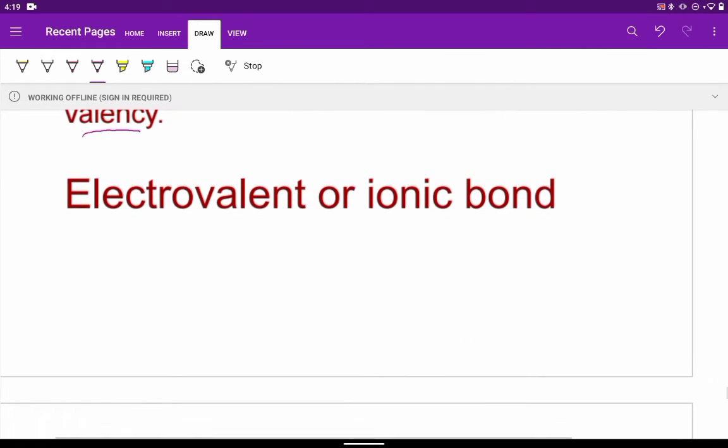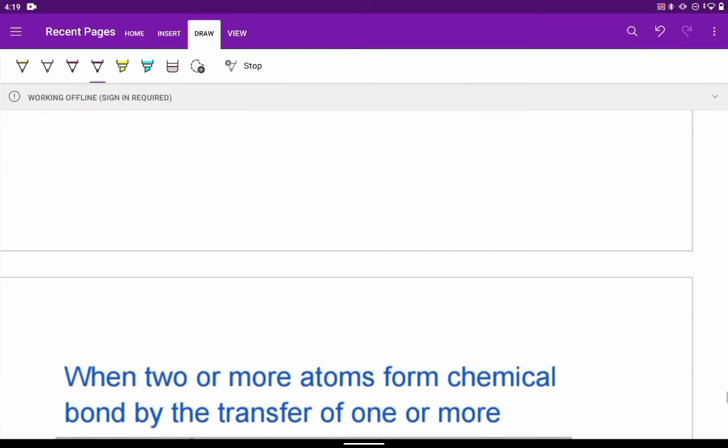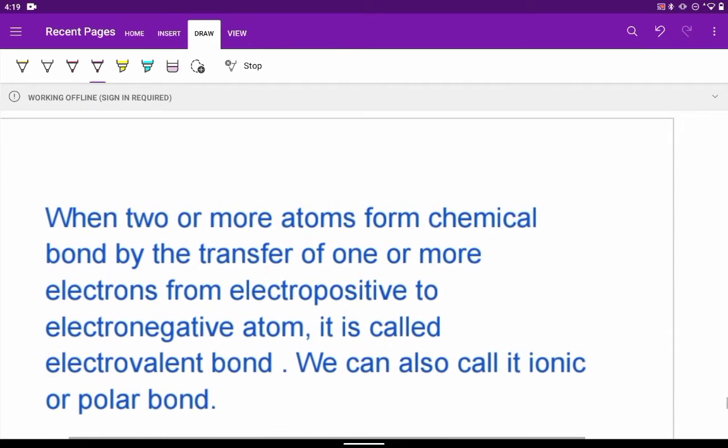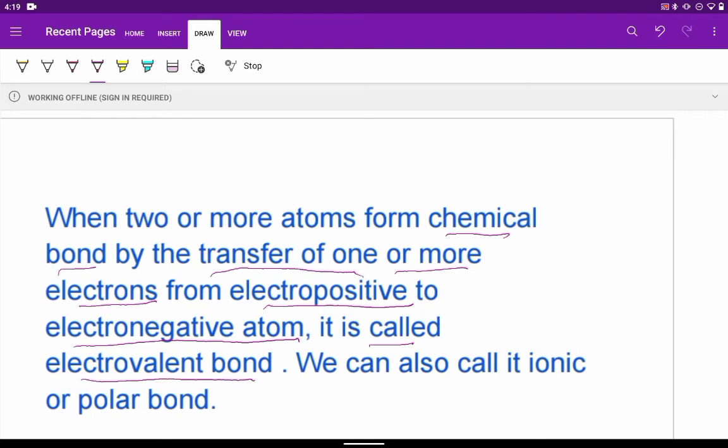Now we stress upon our main topic today, electrovalent or ionic bond. Whenever two or more atoms are forming the chemical bond by transferring one or more than one electrons from the electropositive to the electronegative atom, we call it an electrovalent bond.